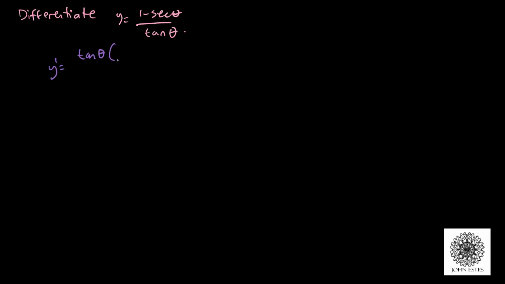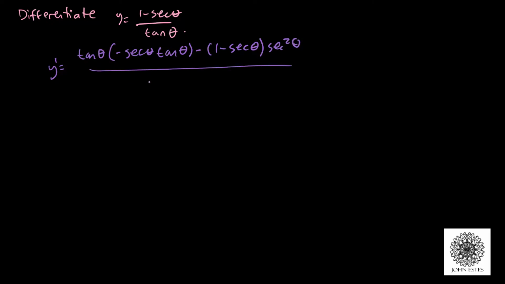The derivative of 1 minus secant is negative secant theta tangent theta, minus the top, which is 1 minus secant theta, times the derivative of the denominator, which is secant squared theta, all over the denominator squared, which is tangent squared.